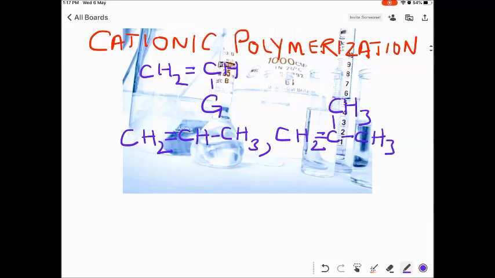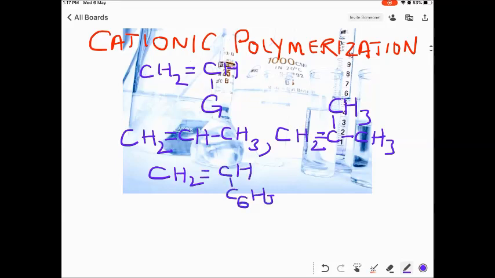On polymerization it will give us polyisobutylene. Polyisobutylene is used as a polymer in cold drink bottles, and of course a molecule like styrene can also be polymerized using this method, because the phenyl group can stabilize the carbocation.